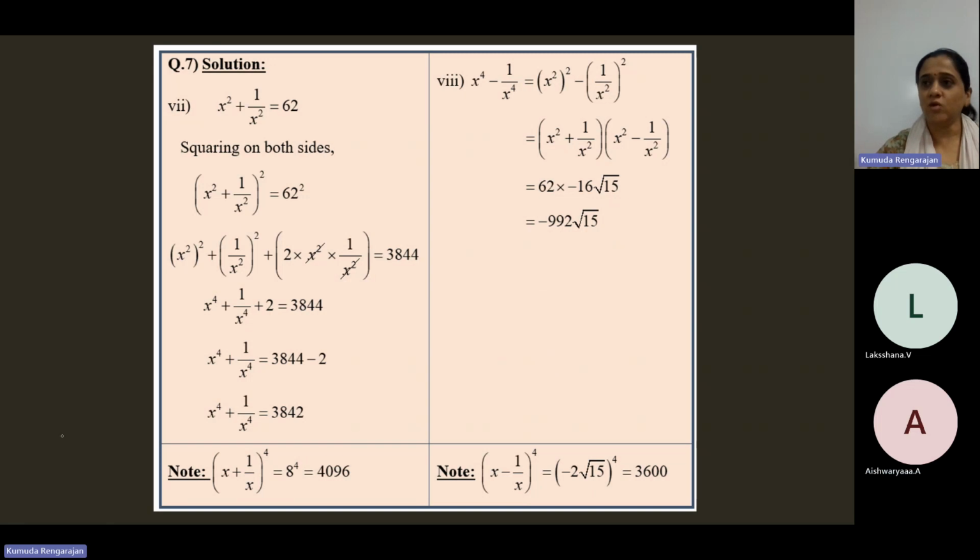All right, so now, to find the value of x to the power 4 minus 1 by x to the power 4, here it is like the chapati dough is ready. You just have to make small balls and start rolling and make the chapatis.